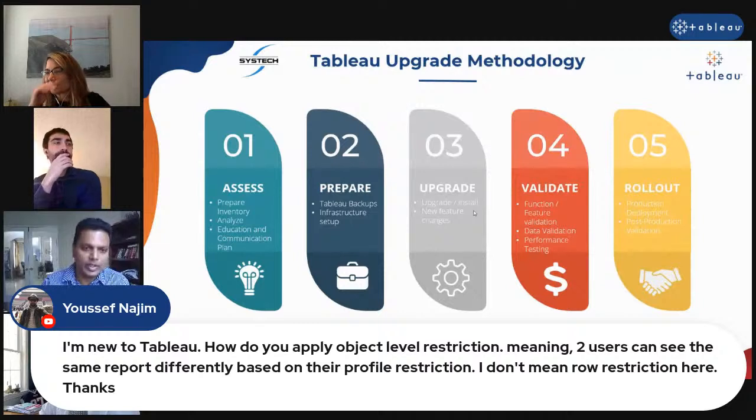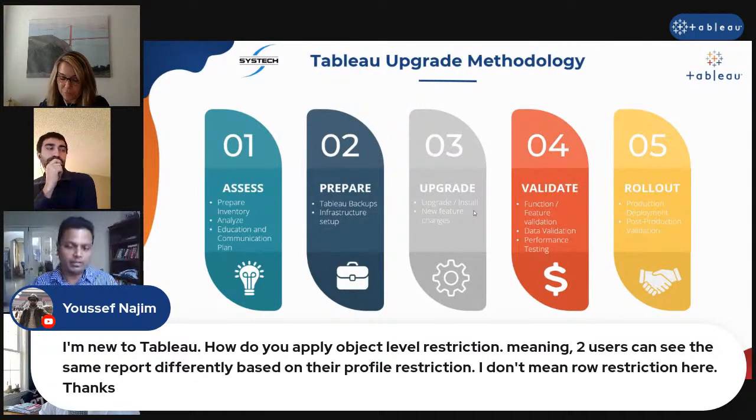These restrict the interaction a user can have with a visualization or a report, in terms of the features they could use, like exporting a report, or restricting people from downloading the Tableau files and things like that.